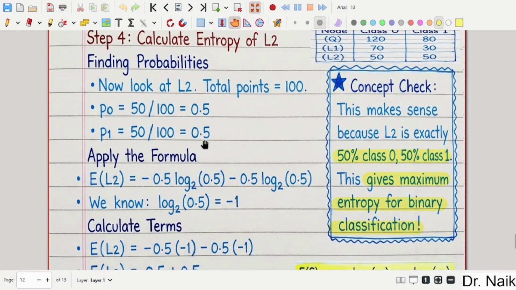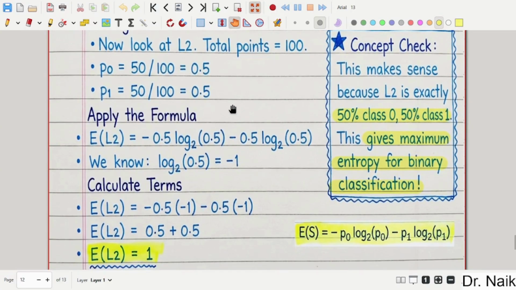Now substitute these values in our entropy formula. So it is minus 0.5 times log with a base 2 of 0.5, minus 0.5 times log with a base 2 of 0.5. After calculation, log with a base 2 of 0.5 is minus 1. So minus 0.5 times minus 1, minus 0.5 times minus 1.